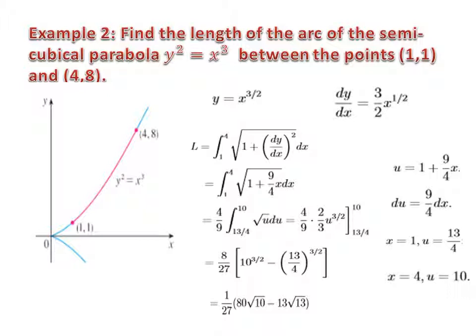So we substitute inside and we finally get the arc length is then 1/27 times (80 square root 10 minus 13 square root 13).